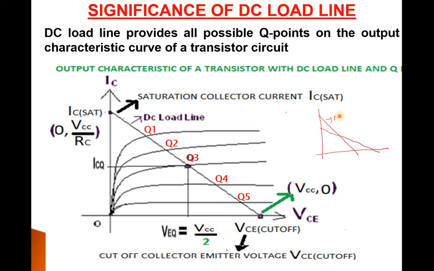If this is DC load line, this will become AC load line. These two will have only one intersection, which gives a Q point which provides exactly the faithful amplification.